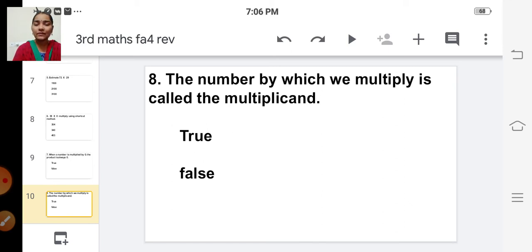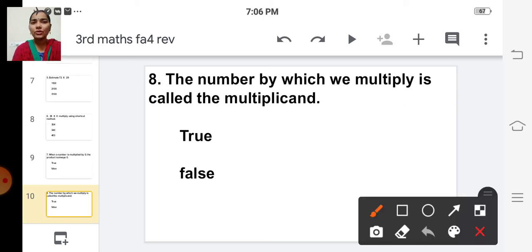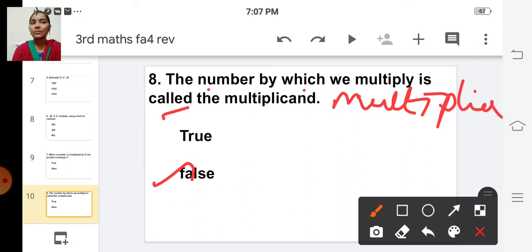But here they have given the number by which we multiply is called the multiplicand. Is it true? No. It is false. The number by which we multiply is called the multiplier, not multiplicand. So it is false.